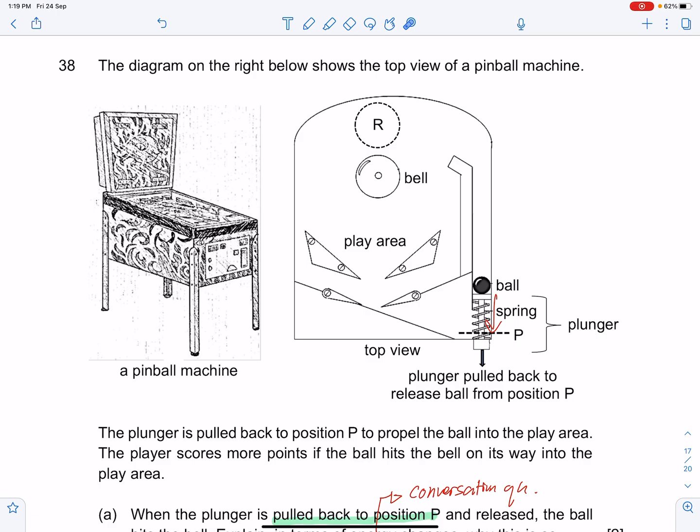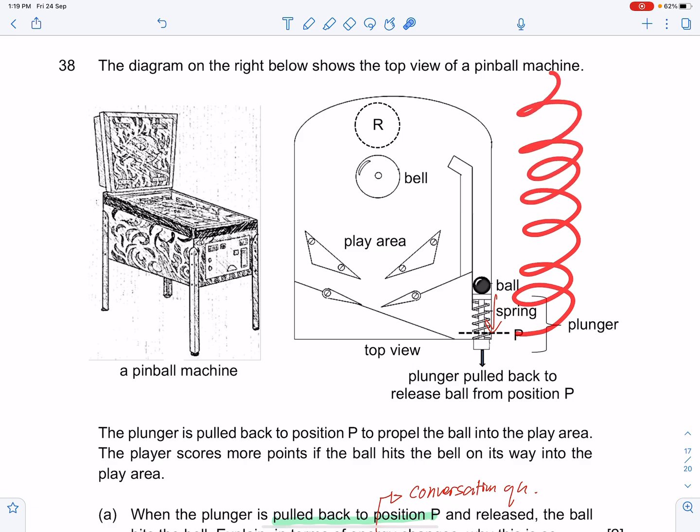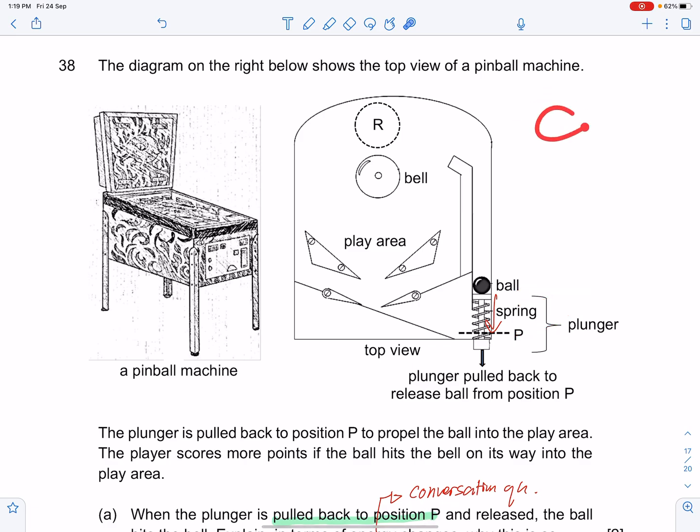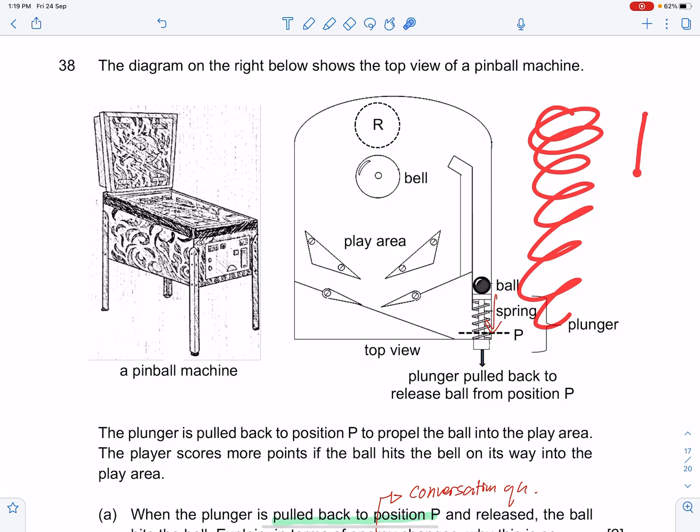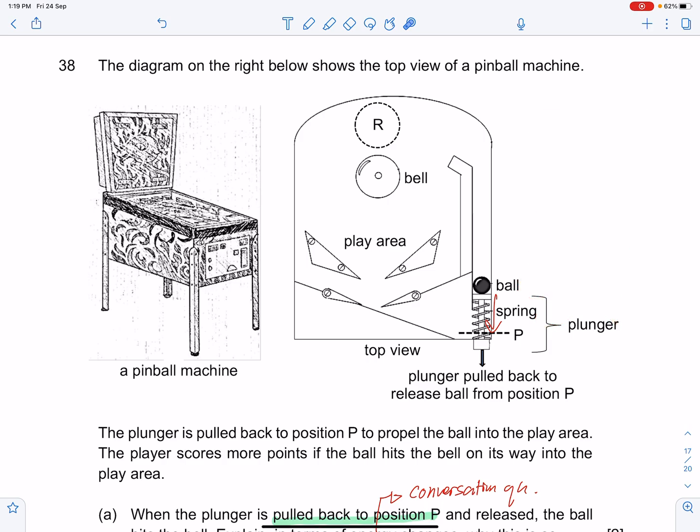The second way is to use a longer spring. With a longer spring, once again, to get it back down, you need to use more force. So two methods. Either use a stiffer spring or use a longer spring. Don't tell me use a less elastic spring. It's not the same. I stress again, I'm putting this on video.